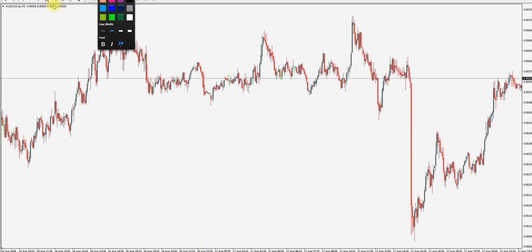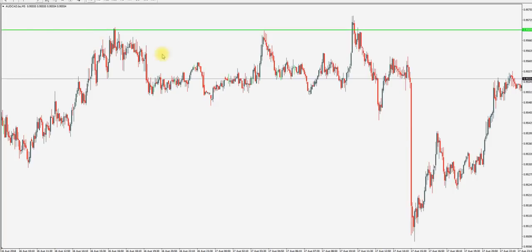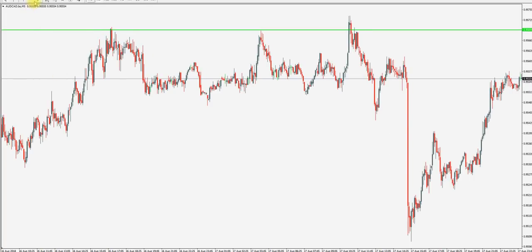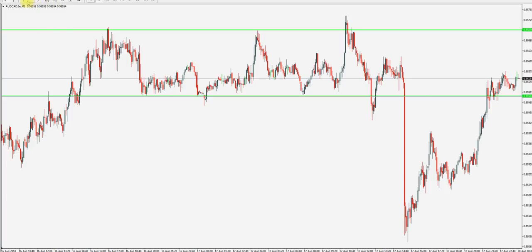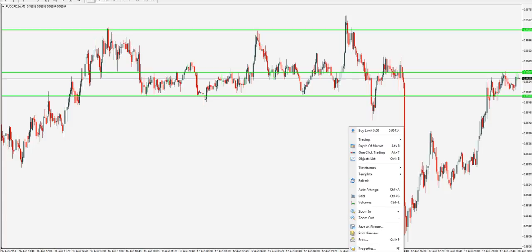We can draw our support and resistance lines, not a problem, okay? So that's the first thing we do when we've got naked charts like this, is we draw our support and resistance lines. You can also draw one here. But the best way to determine a trend is by using moving averages, okay?